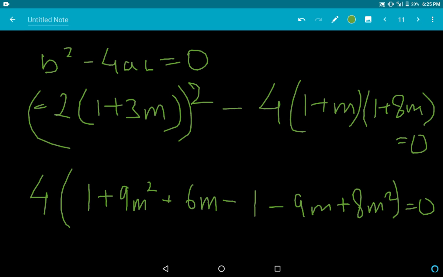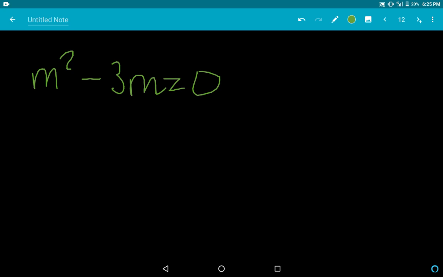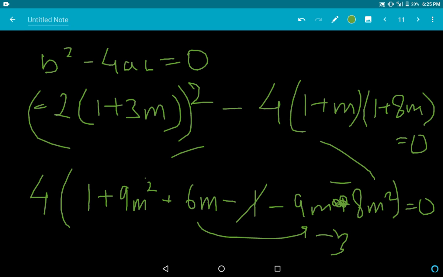So what do I get? m squared minus 3m is equal to 0. The 1 gets cut, as you can see here, and the 4 I can bring to the other side and it's 0.